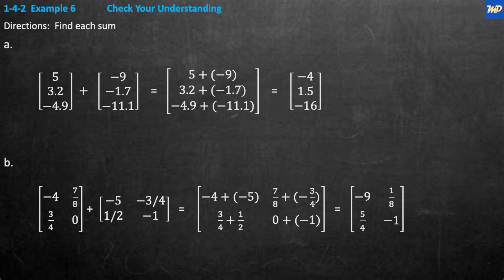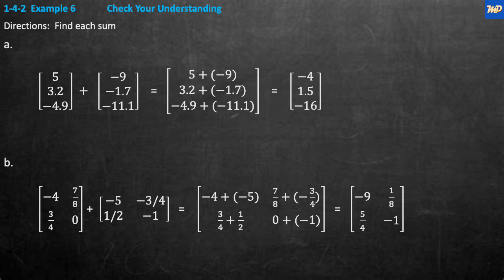So 5 plus -9, 3.2 plus -1.7, and -4.9 plus -11.1. Here they are right here. When you add these, 5 minus 9, so to speak, is -4. 3.2 minus 1.7 is 1.5 positive. -4.9 minus 11.1 is -16. These two add together, and then you take the negative sign.